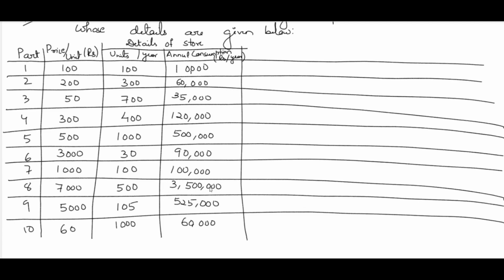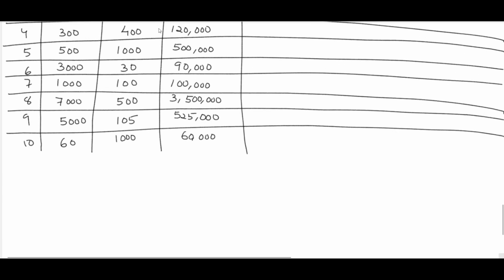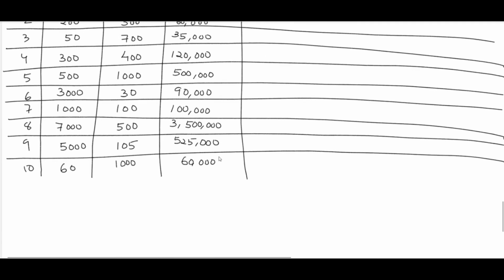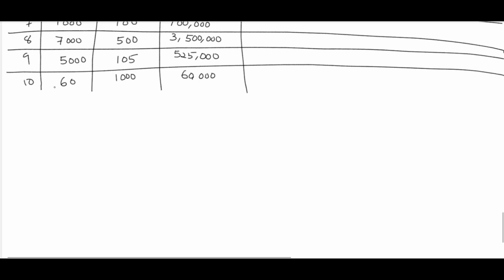After 8th part, the 9th part has the maximum value. Likewise then 5th part, 4th part, 7th part, 6th part. We arrange the annual consumption value in descending order. Now we'll again draw.